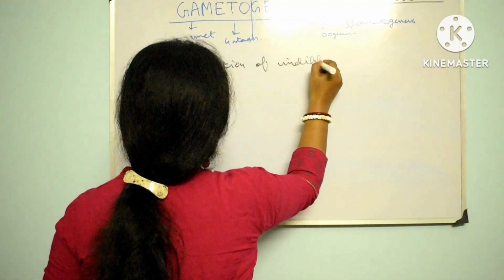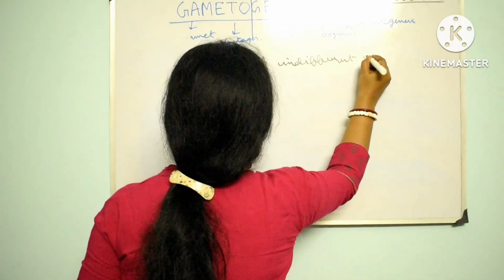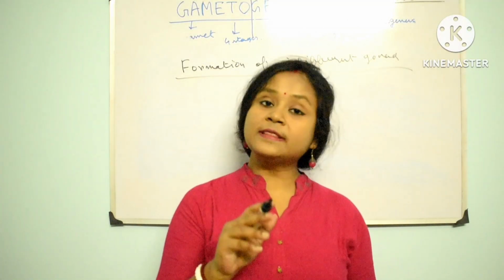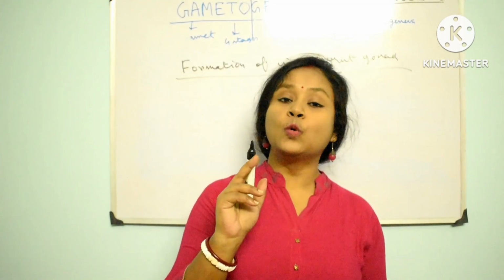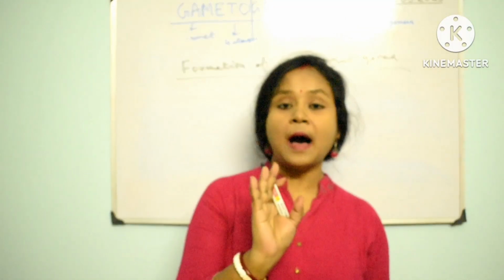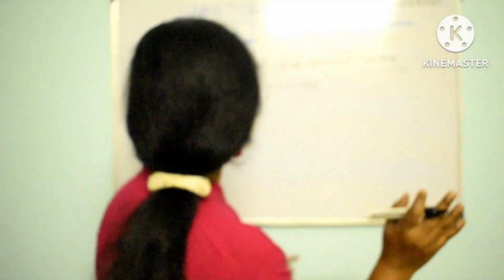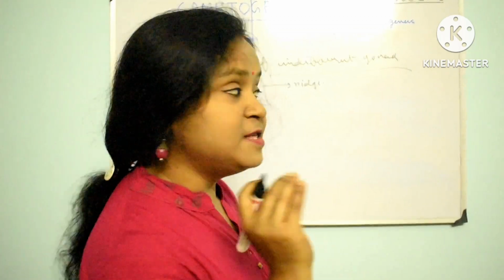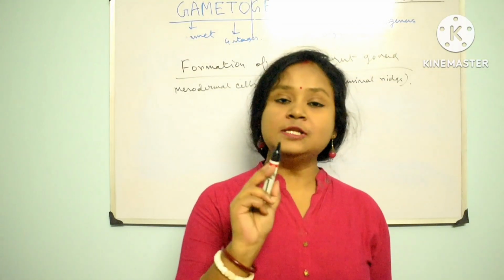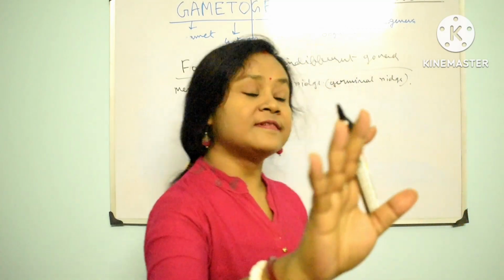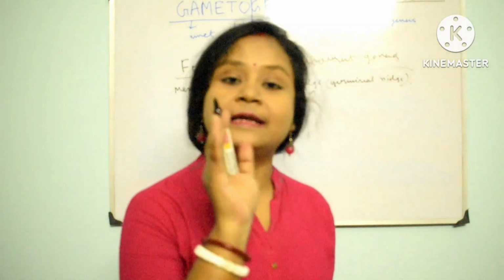In case of vertebrates, before the differentiation of the gonad, mesodermal cells concentrate to form a ridge, and this mesodermal ridge is known as the germinal ridge. The primordial germ cells migrate from the yolk sac to this ridge and are embedded in it.